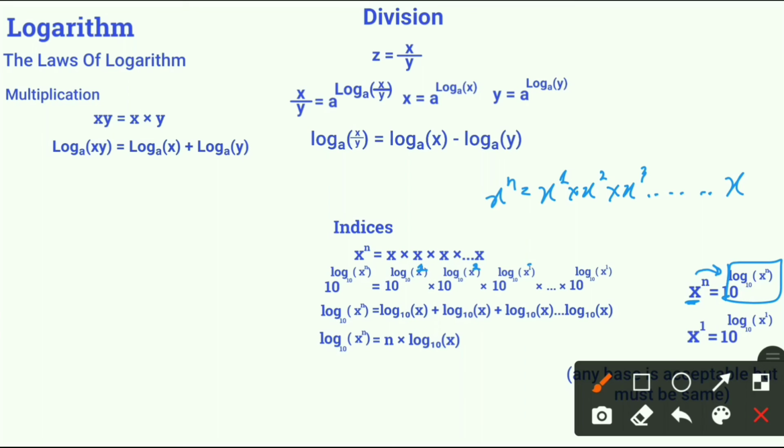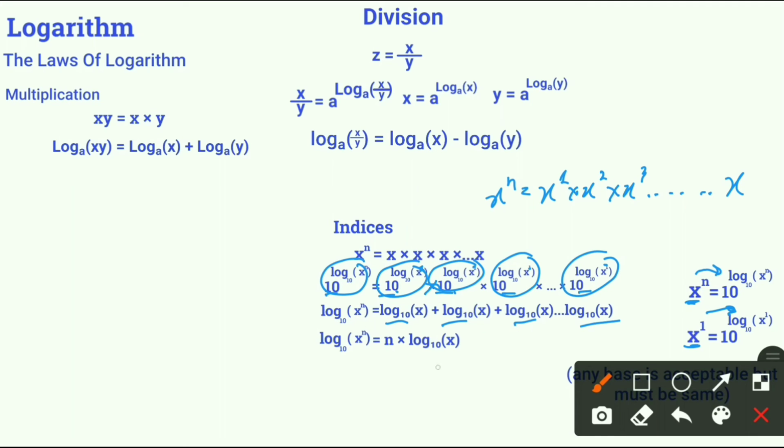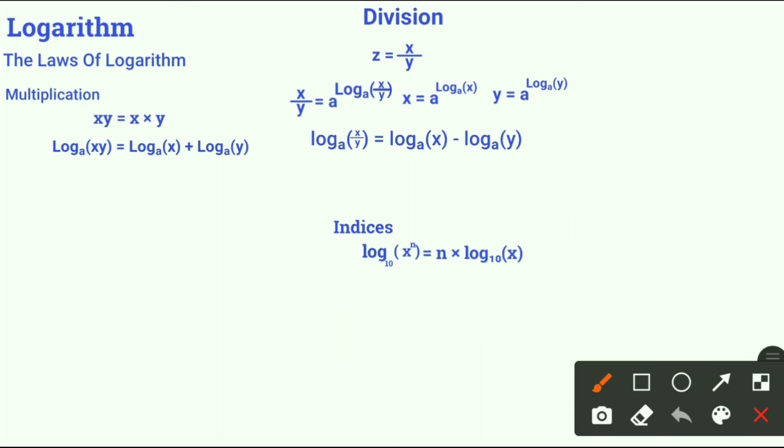Then, since we know that all the bases are the same, and there's a multiplication between the bases, their exponents will get added up, and multiplied by log_10 x. So this is the main concept.